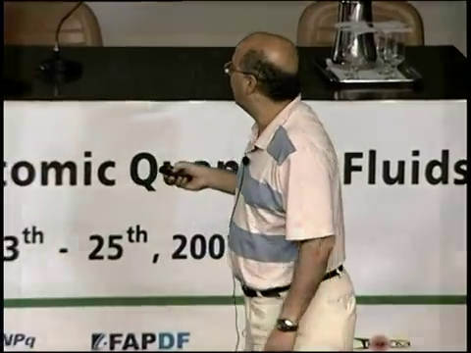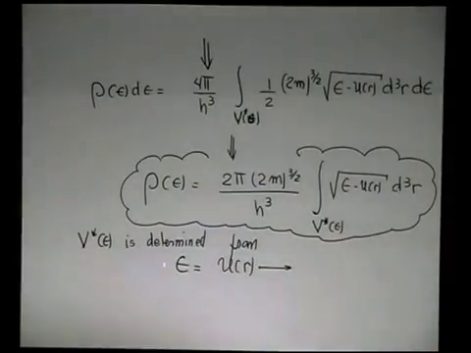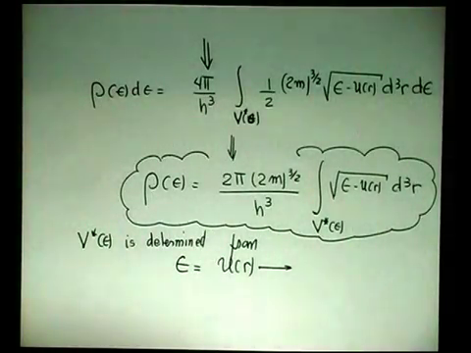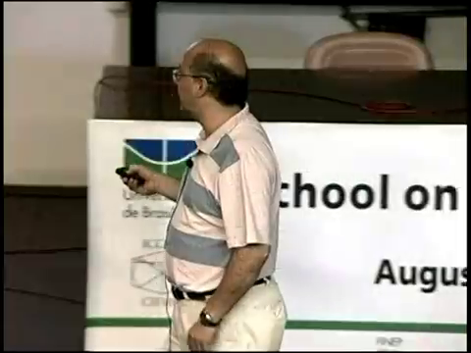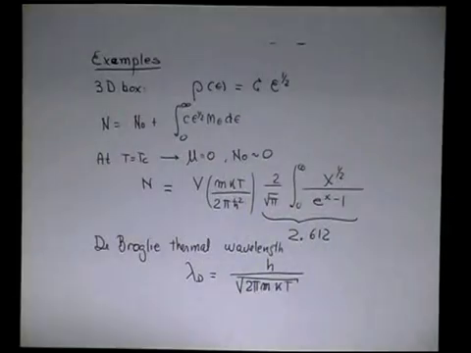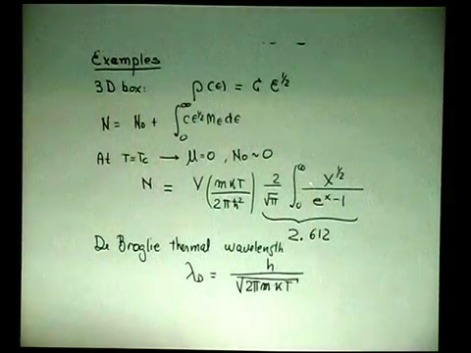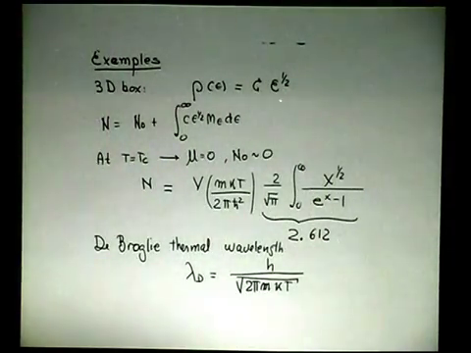So normally, if you forget about P, you make the energy equal to the potential. This gives you the available volume in phase space, in the real coordinate, for this particle. So normally we do that, and we have many examples, like the box. If you do a box, the density of states goes with the square root of the energy.